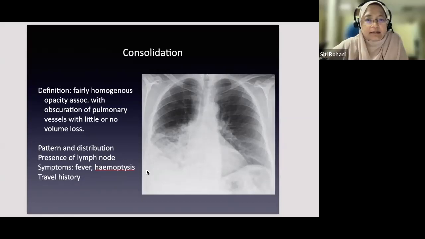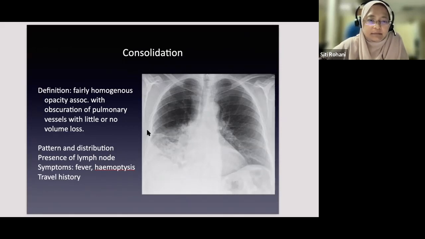Consolidation presents as opacity, and it can obscure vessels and linings like the heart border and the diaphragm. The pattern and distribution of consolidation, presence of lymph nodes, and clinical symptoms such as fever and hemoptysis, and travel history, will give you the clue to the differential diagnosis.